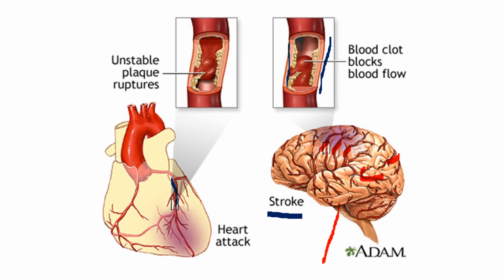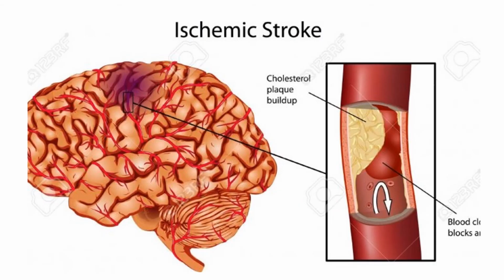Because the brain is an organ, the brain needs oxygen, needs to get rid of its carbon dioxide, and it needs its nutrients and glucose and amino acids and proteins. The blood brings all those much needed resources to the brain. But if this is blocked, that's going to be a problem.